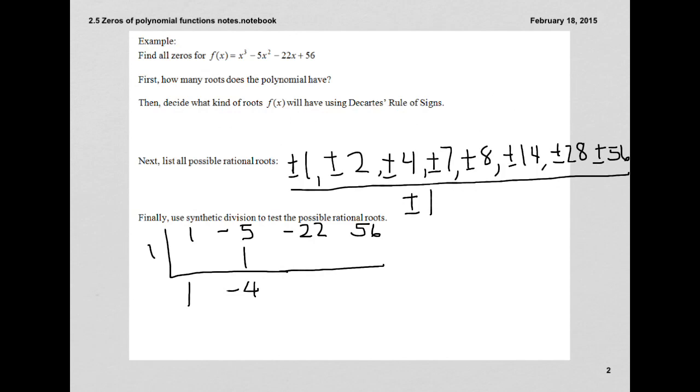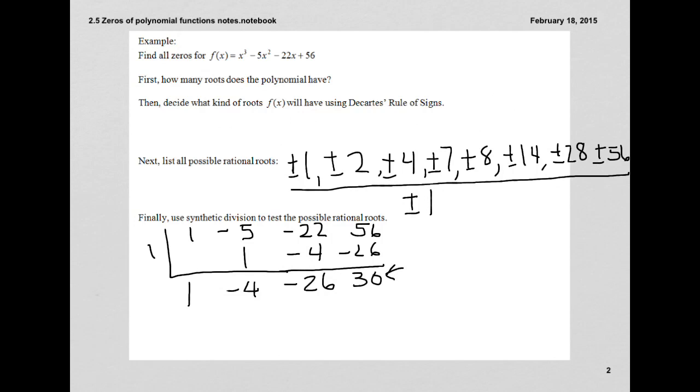Negative 4 times 1 is negative 4. Negative 22 and negative 4 is negative 26. 1 times negative 26 is negative 26. And that's 30. Well, the 1 didn't work because I do have a remainder. That means the function at f of 1 is equal to 30. So I'm going to move on to my next one.